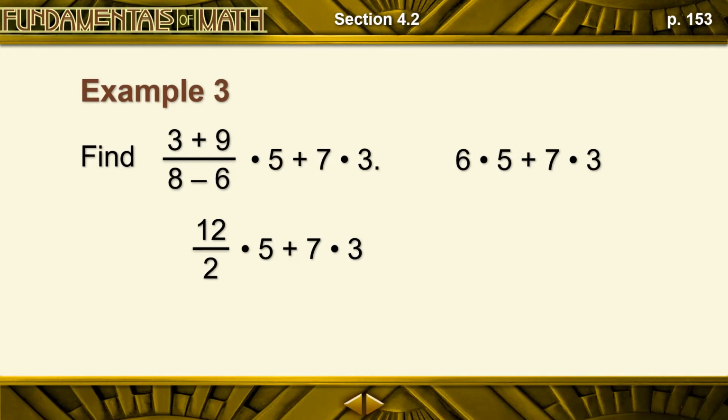Right, in this case, we only have multiplication, right? So what would we need to do? What do we do first? So what am I multiplying? Right, so what's 6 times 5? Okay, and then what do I do next, Julian?